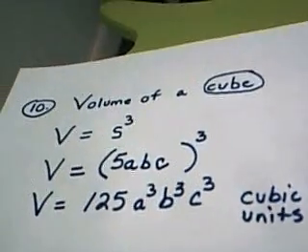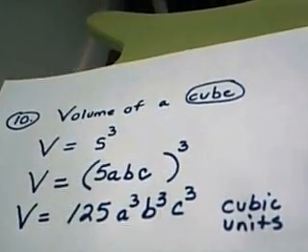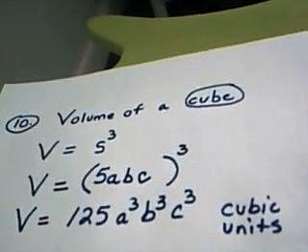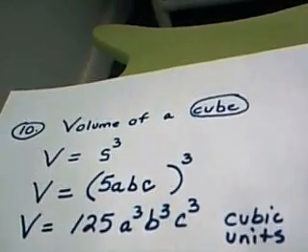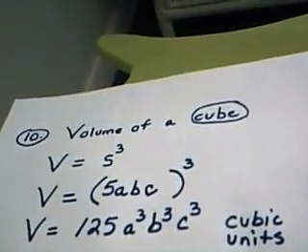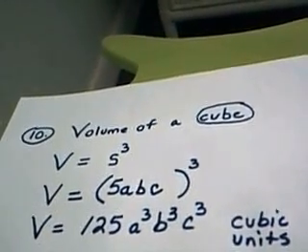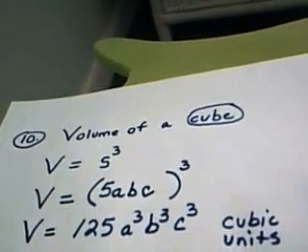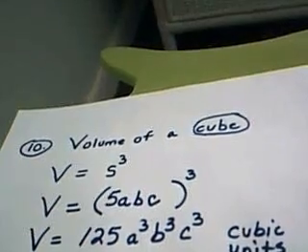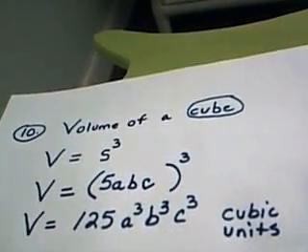So that would be the most appropriate way to answer this question. The volume would be 125 A to the third, B to the third, C to the third cubic units. If the original measurement was in inches, you would be talking about cubic inches. If it was in feet, cubic feet. For example, if you went to buy a refrigerator, you'd be measuring the volume inside that refrigerator in cubic feet.